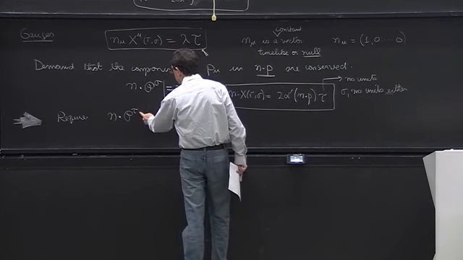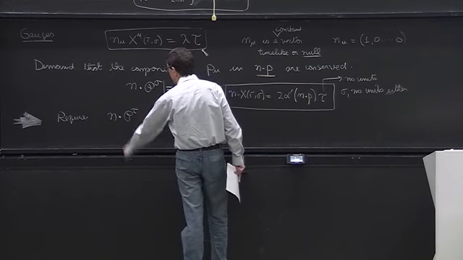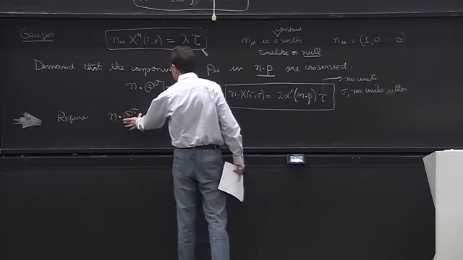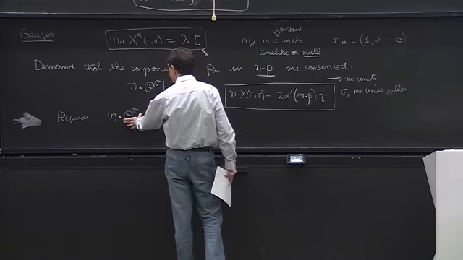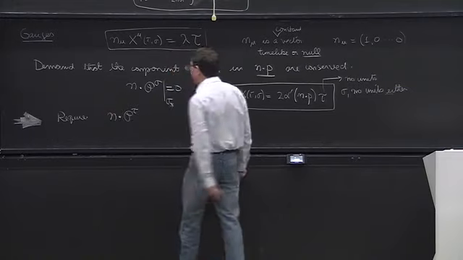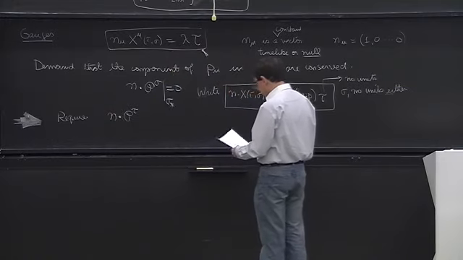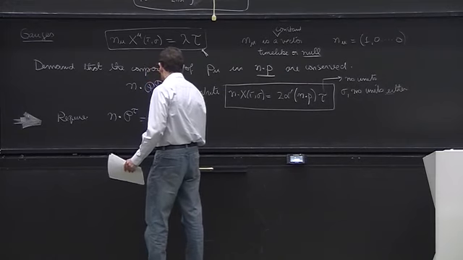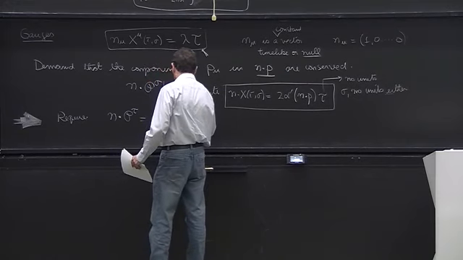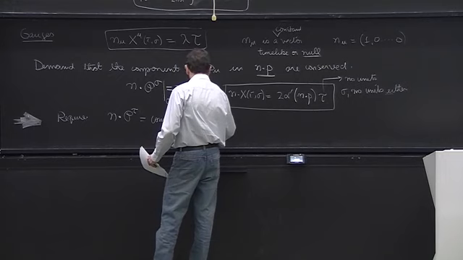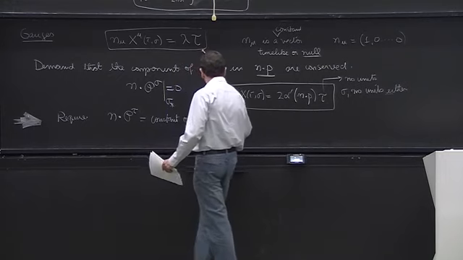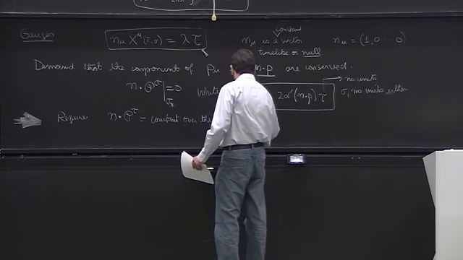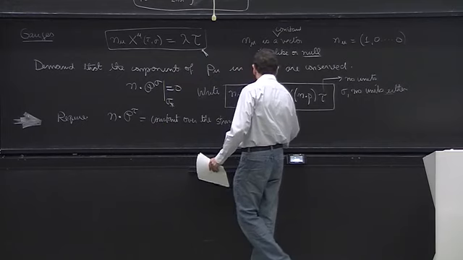Remember, there's a mu index here. So this p0 tau, that was the energy density. So here, we're going to require that this thing be a constant over the string. So constant along sigma.